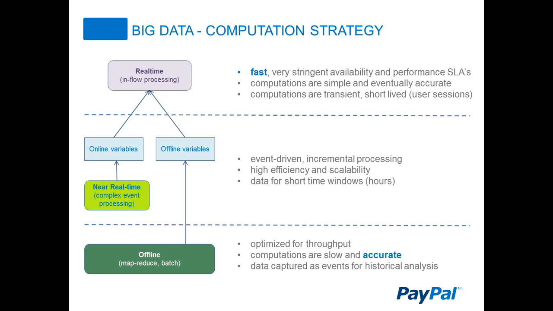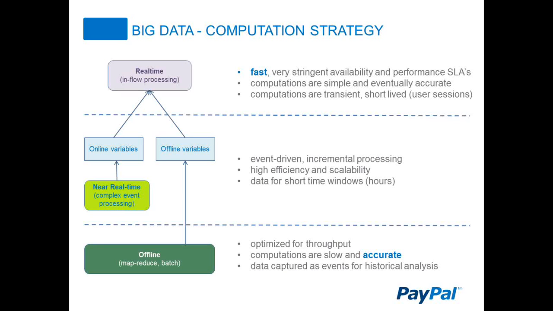The nature of events is that an event is something that has already happened, right? So normally event-driven systems are asynchronous systems. What that really means is the user has already clicked on something, and after that the event has been emitted, and now we are getting a chance to analyze that event asynchronously. For that matter, it's near real-time processing, not real-time processing.